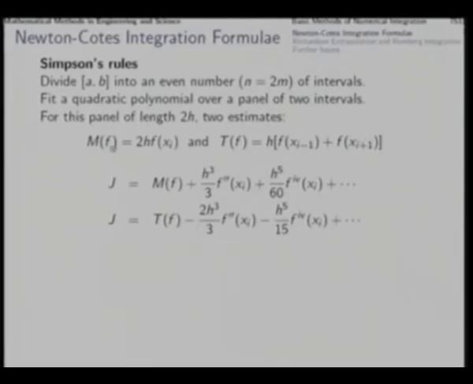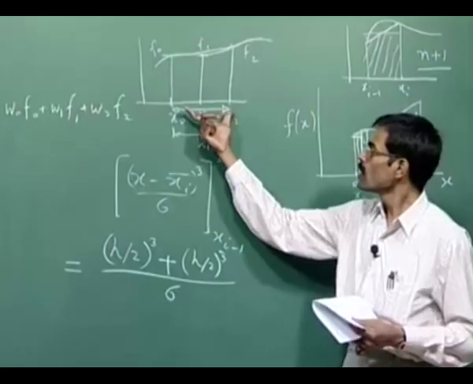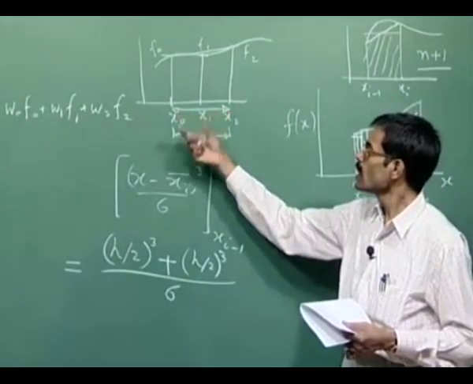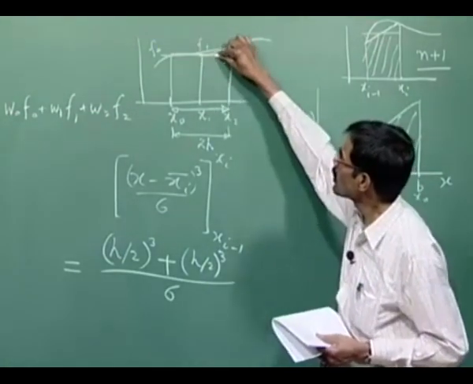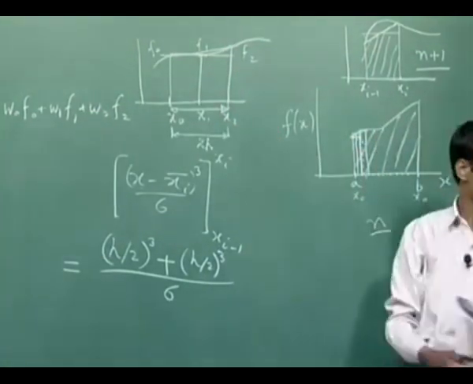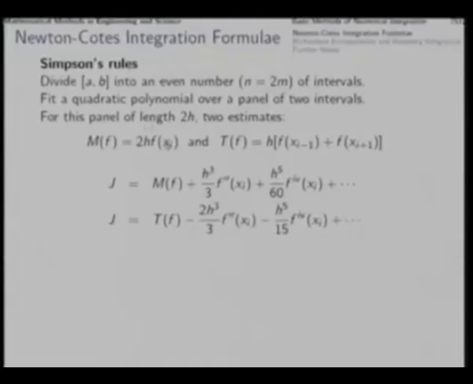Similarly, if we use midpoint rule over this entire interval, then we will find the value of this into 2h, that will be this. So, the estimate based on the midpoint rule is this, the estimate based on the trapezoidal rule is this, and the error estimates we have found earlier already.